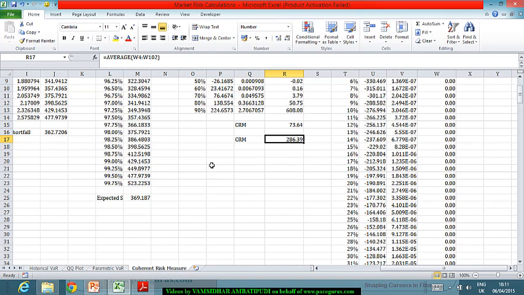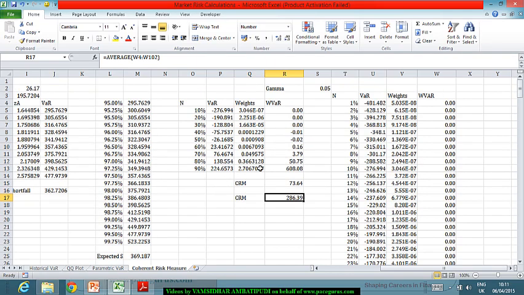Now what we are observing here is, if my risk appetite becomes 0.1, which is an indication that my risk-taking levels are increased, I see that the coherent risk measure associated with VaR is 243 here.